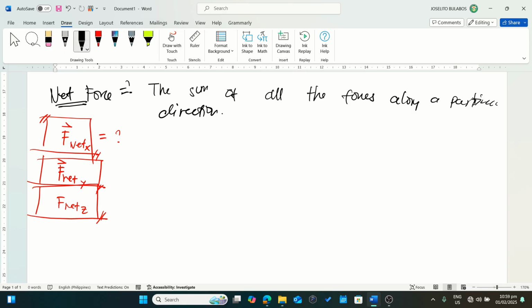Now suppose we have another box, and we want to know how to get the net force. Suppose somebody is pulling the box in this direction.